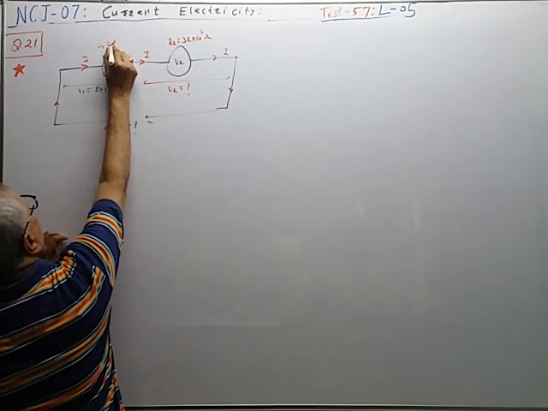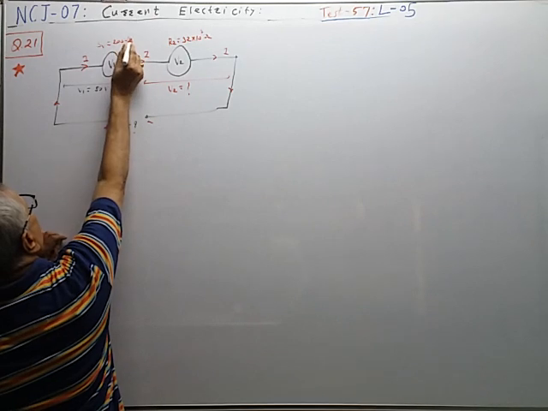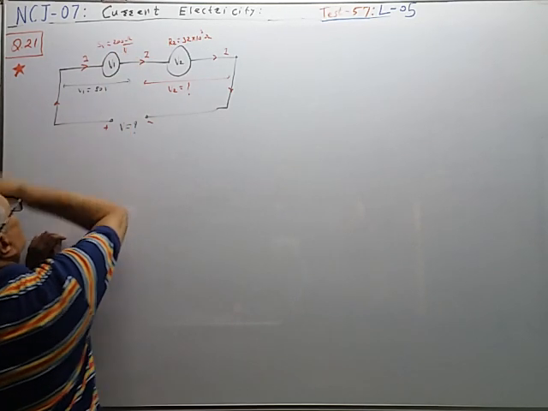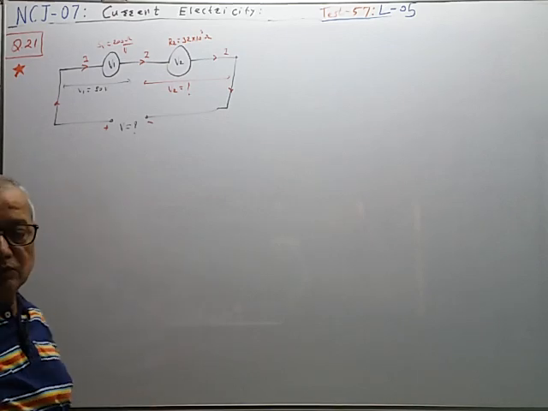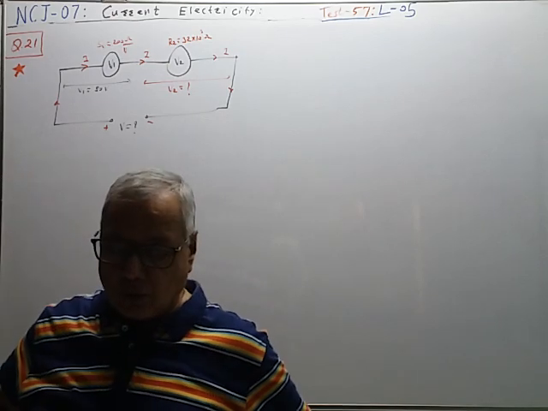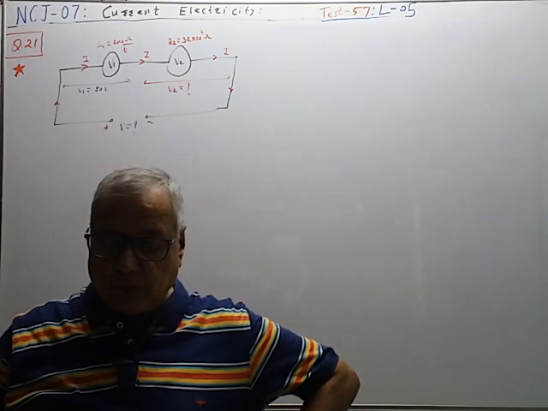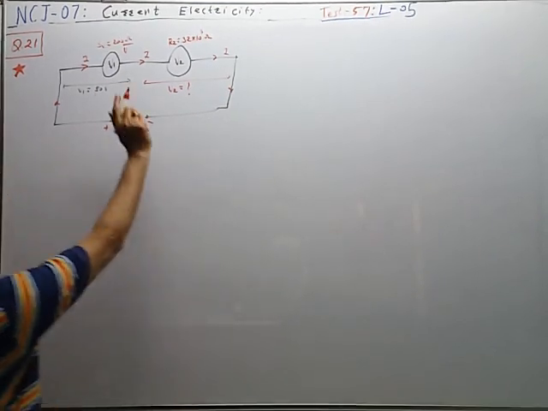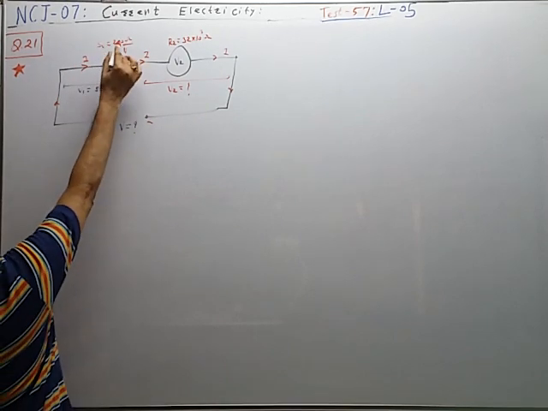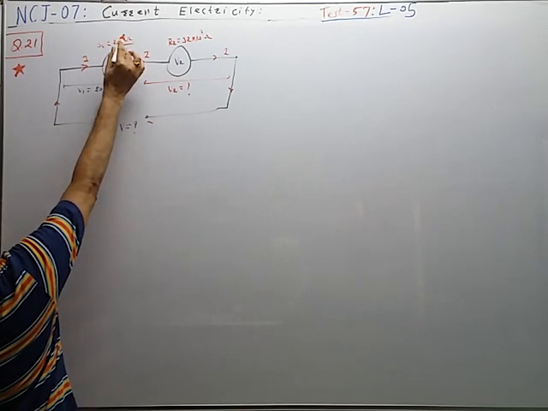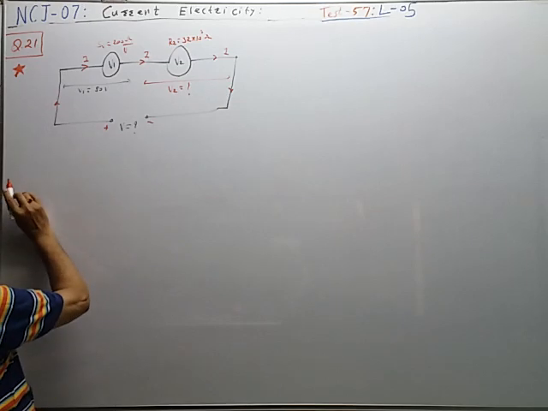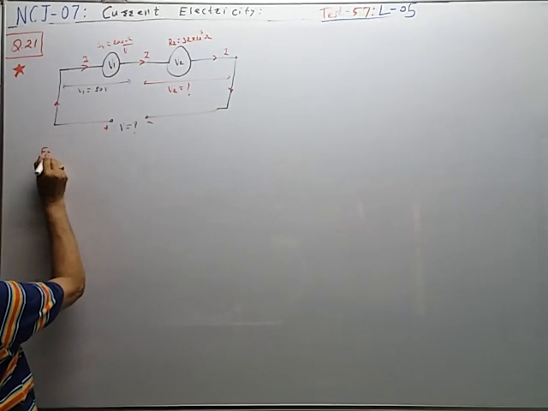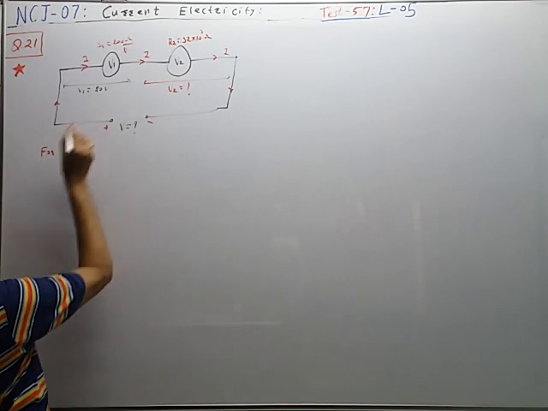SP is equal to 200 ohm per volt. This is the unit ohm per volt, means it is 1 upon ampere. So these two are connected in series.